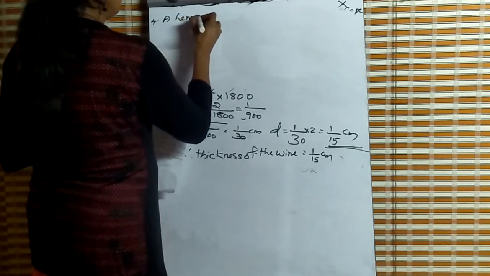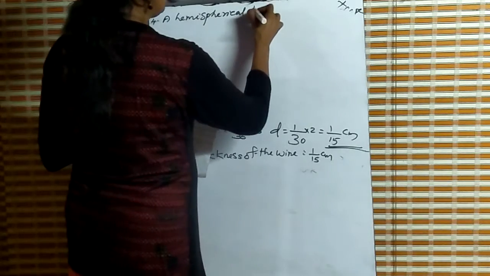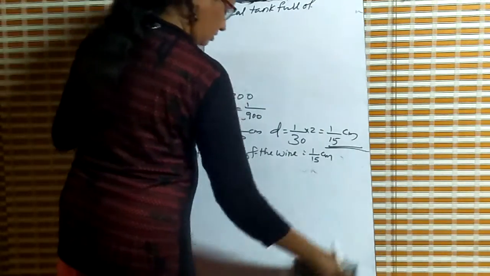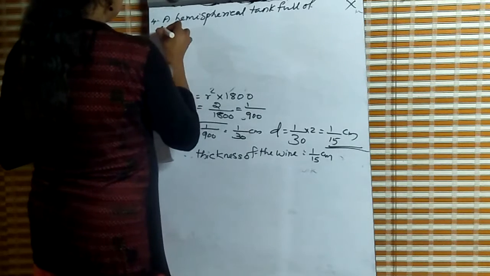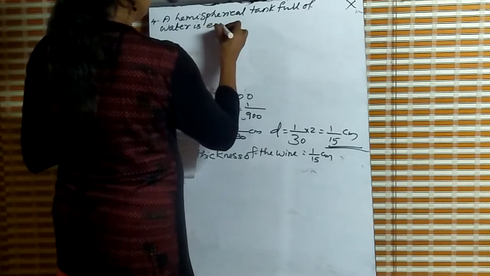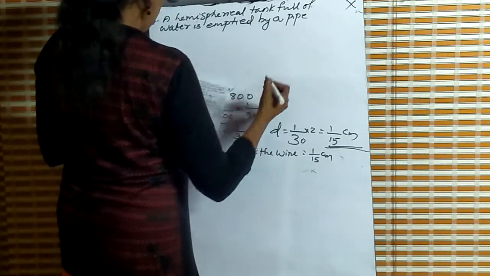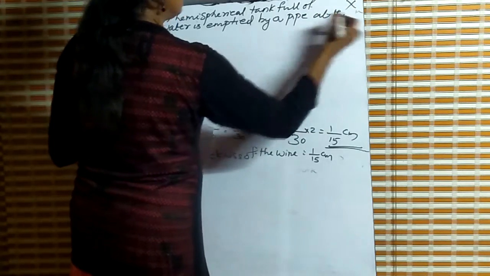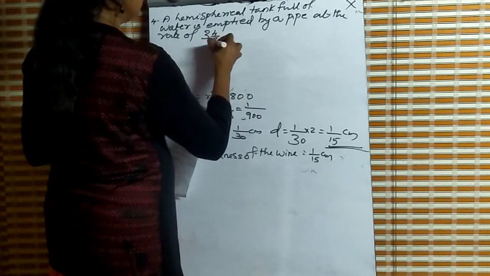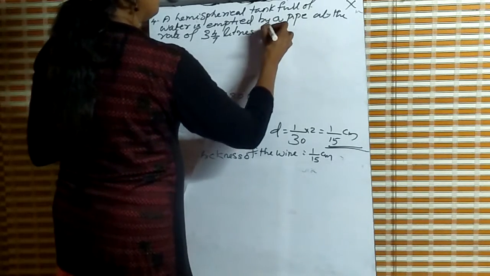A hemispherical tank full of water is emptied by a pipe at the rate of 4/7 liters per second.